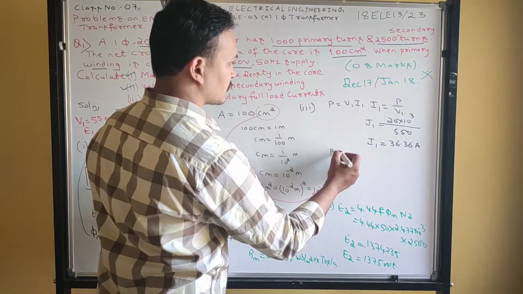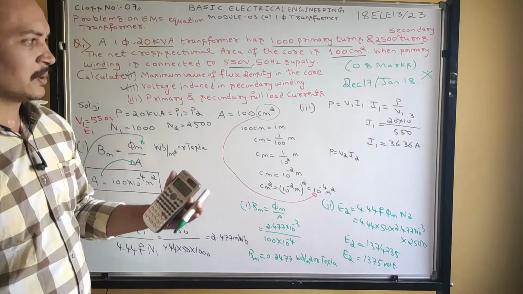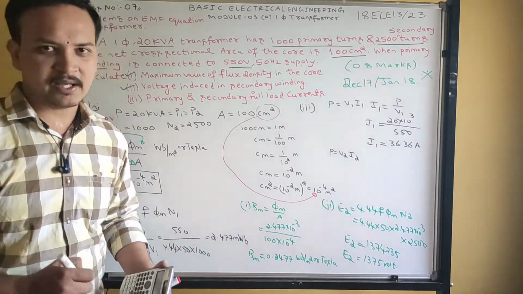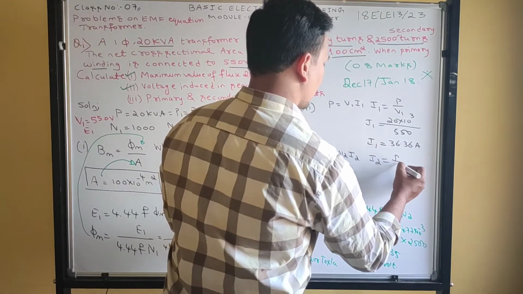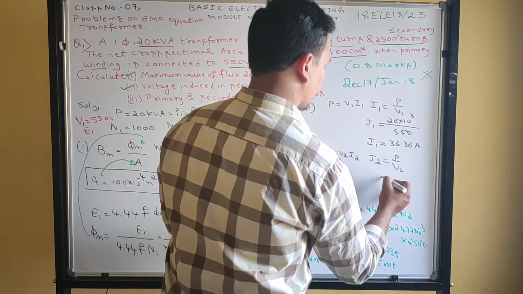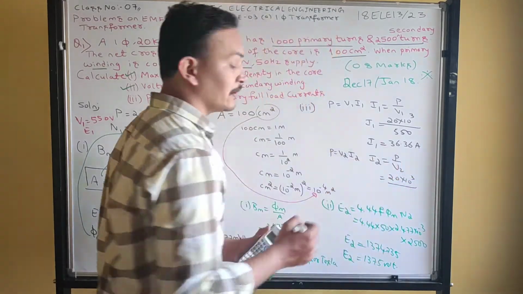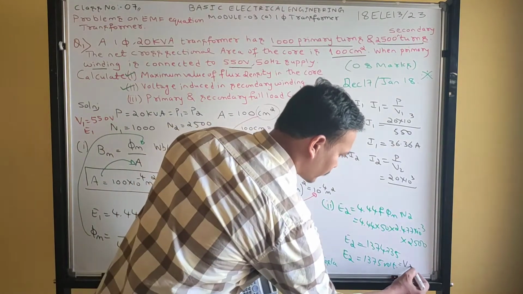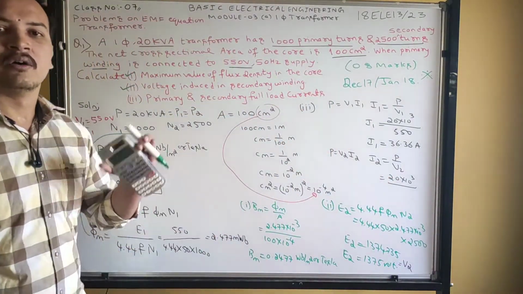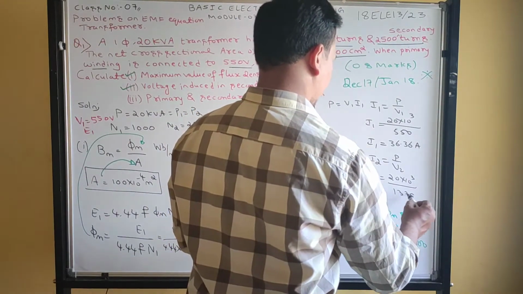Similarly, calculate the secondary full load current. Secondary power is V2 I2, but primary and secondary power both will be the same. Therefore we can write I2 is equal to power by V2. What is power? 20 kVA divided by the secondary voltage. E2 itself is V2. So the secondary voltage is 1375.